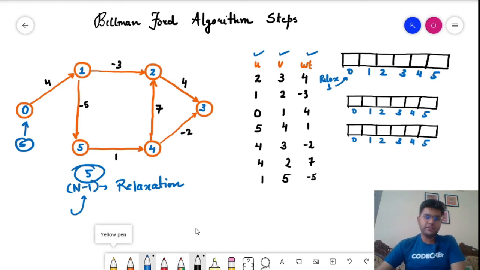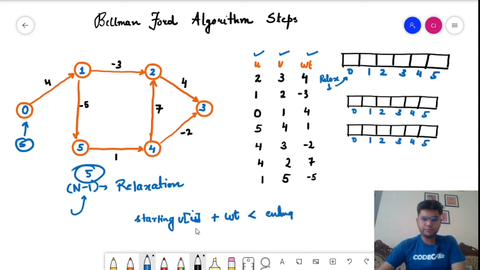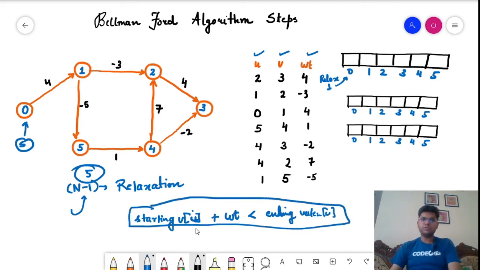Relaxation says that the weight of the starting vertex, let us say starting vertex U, plus the corresponding weight associated with the edge must be less than the weight of the ending vertex V. The weight corresponding to the starting vertex plus the edge weight between the starting and the ending vertex should be less than the ending vertex weight.